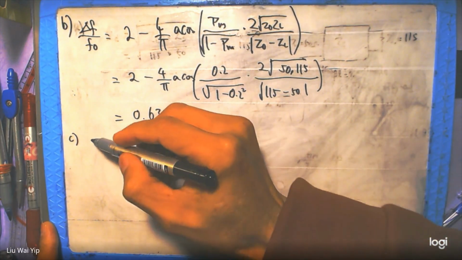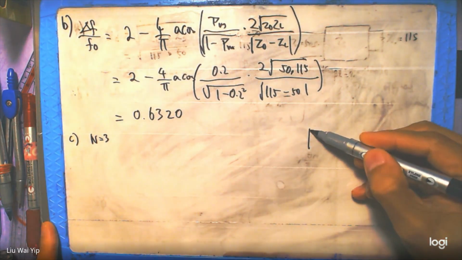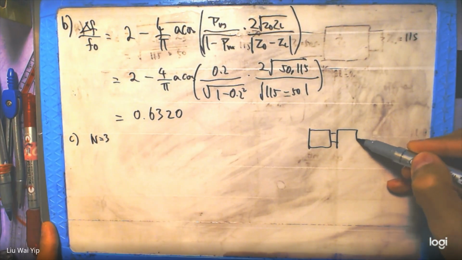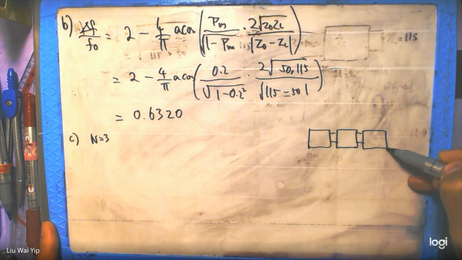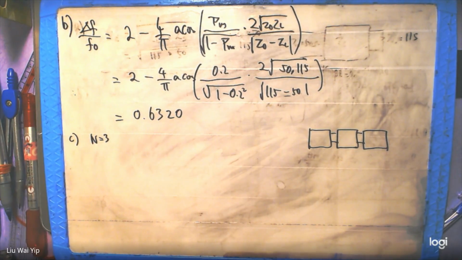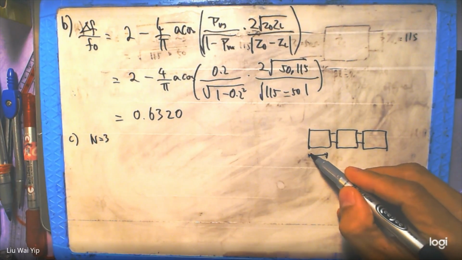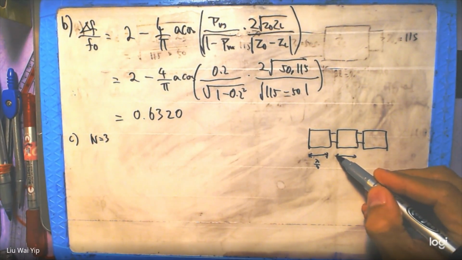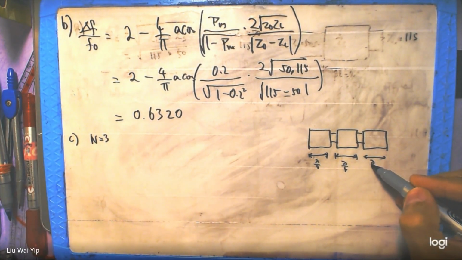So in this case, n is equal to 3. So we have 3 sections. So one section, and then another section, and then another section. And they are all 90 degrees. The length here is lambda divided by 4, lambda divided by 4, lambda divided by 4.